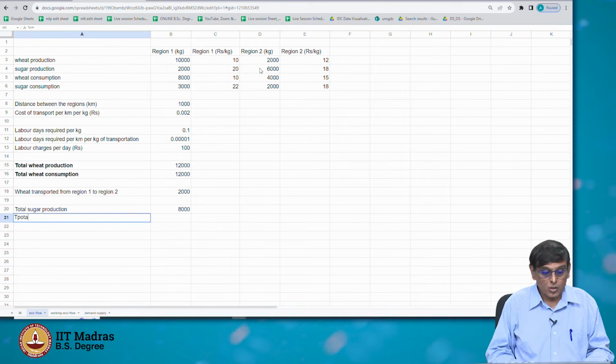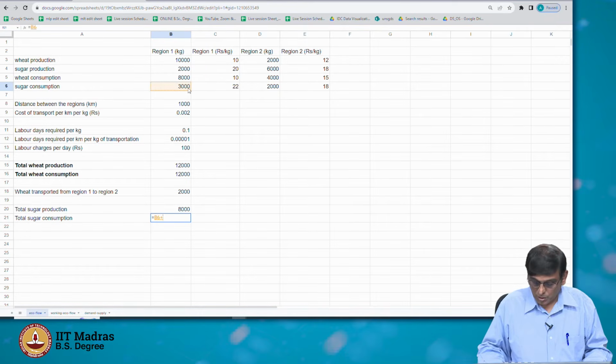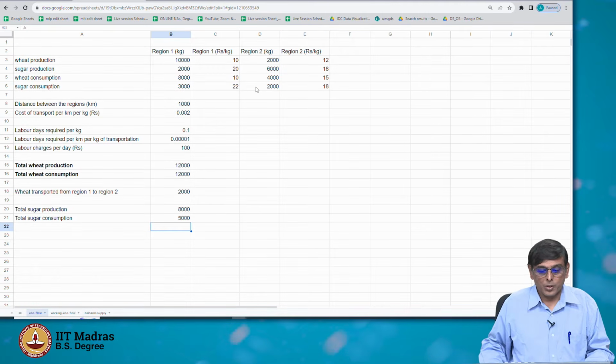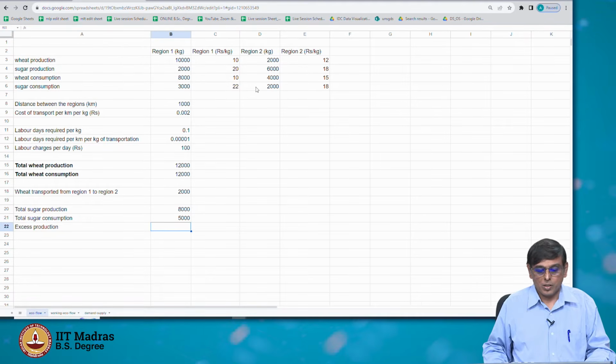Whereas the total sugar consumption is equal to 3,000 plus 2,000, so that is 5,000. So here we see there is an excess. The excess production is 8,000 minus 5,000.